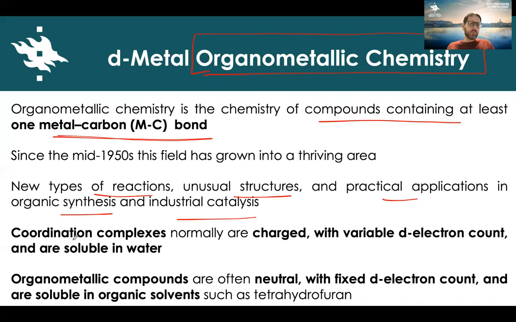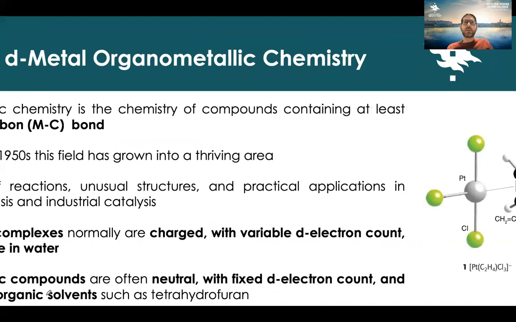When we talk about coordination complexes that we saw in our lectures, they are normally charged with variable d electron count, and they are soluble in water. However, organometallic compounds, more in analogy with organic compounds, are often neutral, have fixed d electron count, and are soluble in organic solvents.